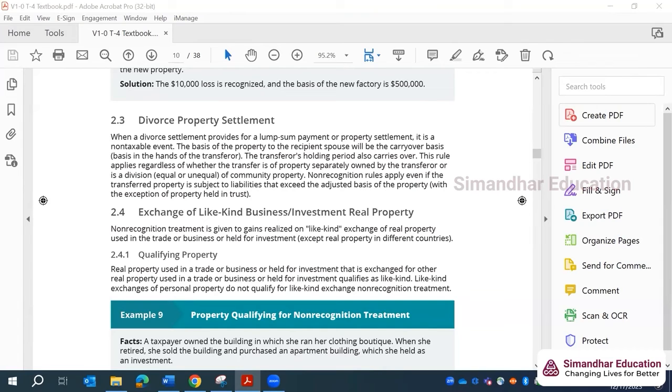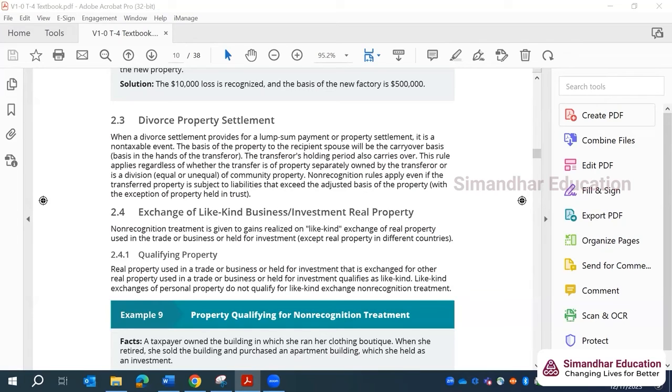Now, whenever there is a divorce, there is a possibility that there could be a payment of alimony. If it is periodic payments, like every month, the husband or the wife is paying alimony, then in that case, the alimony can be taxable or non-taxable based on when the divorce decree was executed.